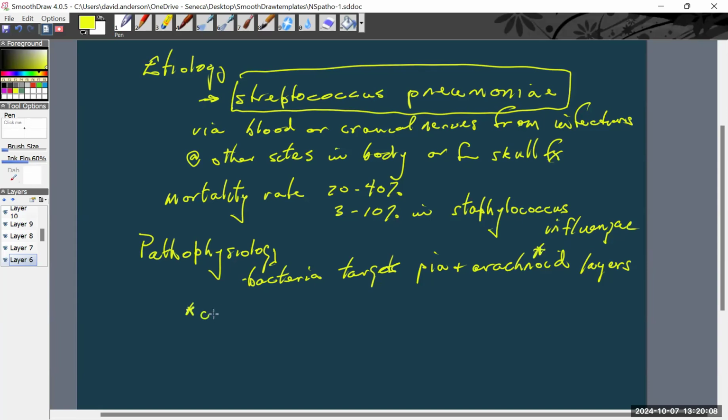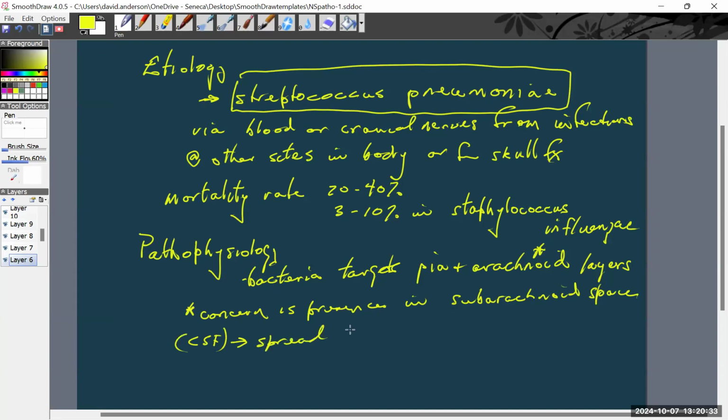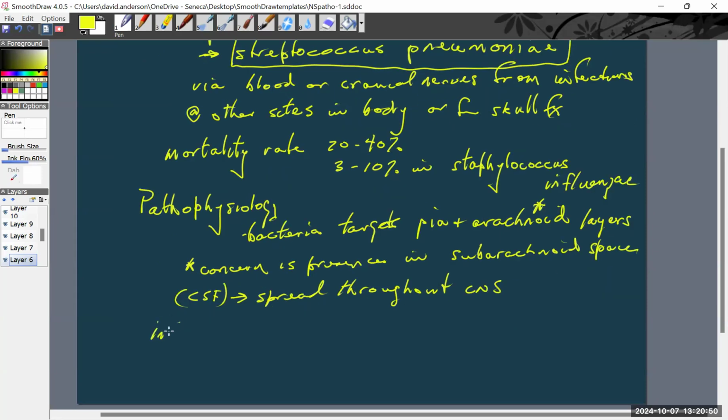And part of what's going to happen during the inflammatory response is that there's going to be inflammatory debris, fancy word, exudate.